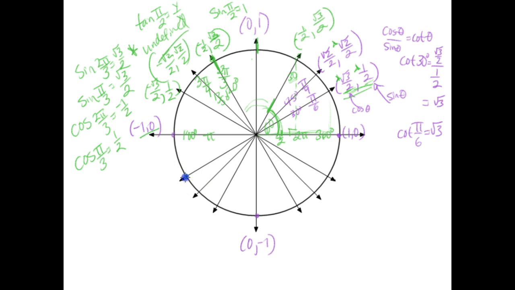This one, this point right here, oh, and I didn't identify that, pi over 6, 1 pi over 6, 2 pi over 6, right? 3 pi over 6, 4 pi over 6, 5 pi over 6, okay? Or 30, 60, 90, 120, 150 degrees, right? Because we're going by degrees.